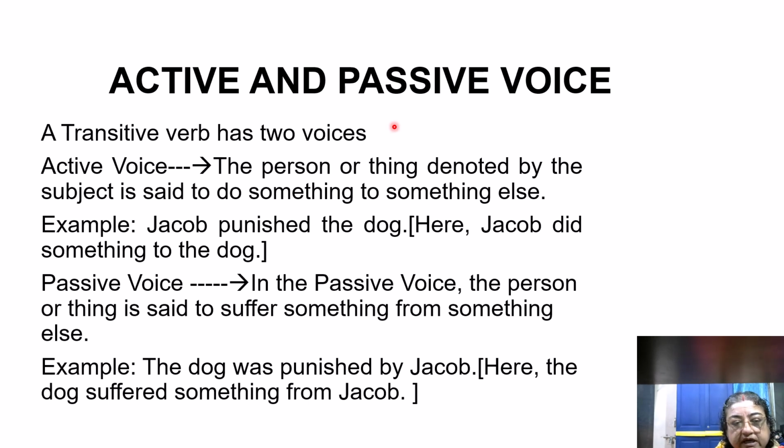So when a sentence has an object, then that verb we call a transitive verb, and this transitive verb has two voices. One is active voice, another is passive voice. So in active voice, first you have to see the subject.